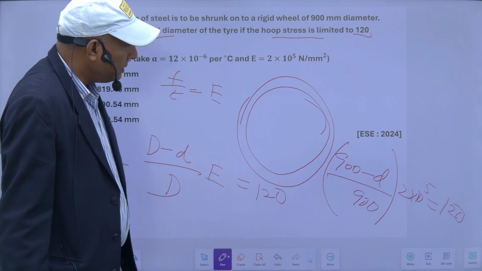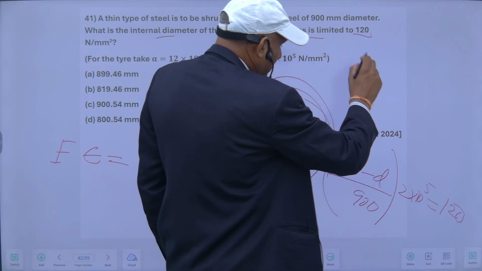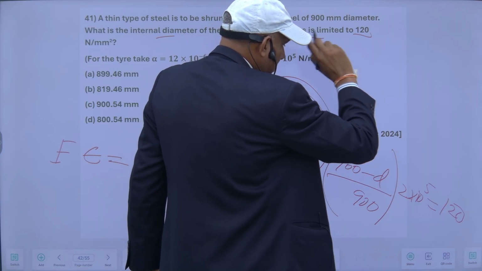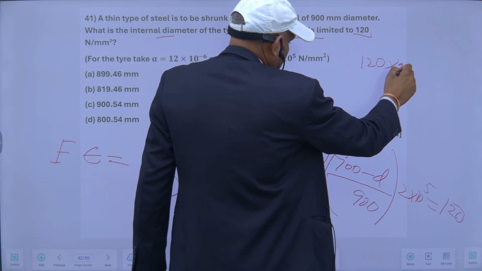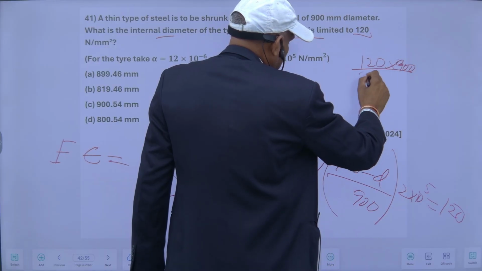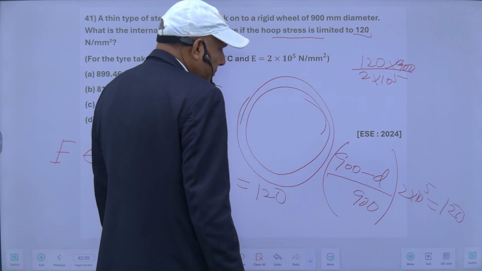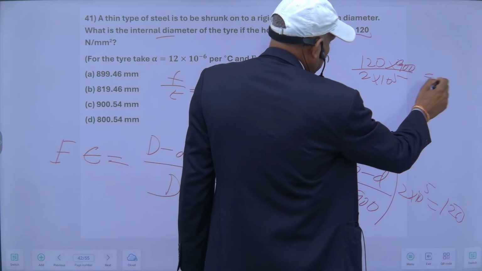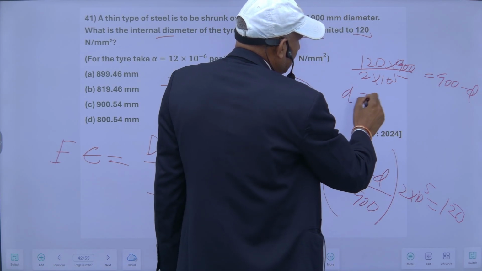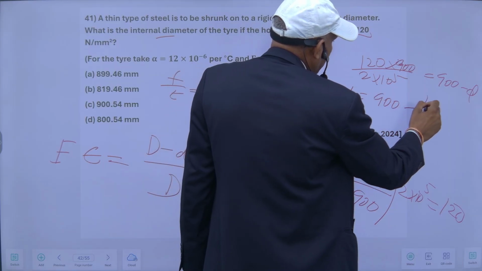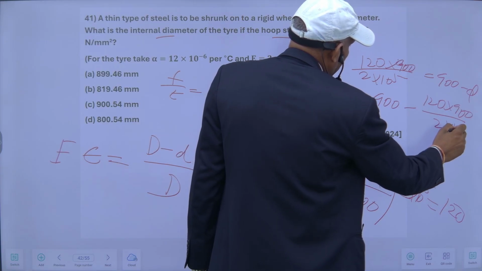So this will become 120 into 900 divided by 2 into 10 raised to the power 5. So this will be equal to 900 minus d. So d will be equal to 900 minus 120 into 900 divided by 2 into 10 raised to the power 5.